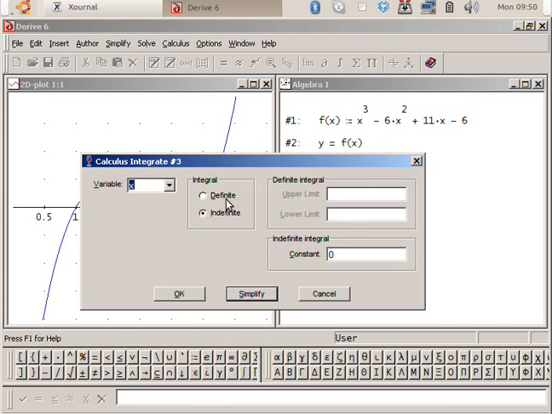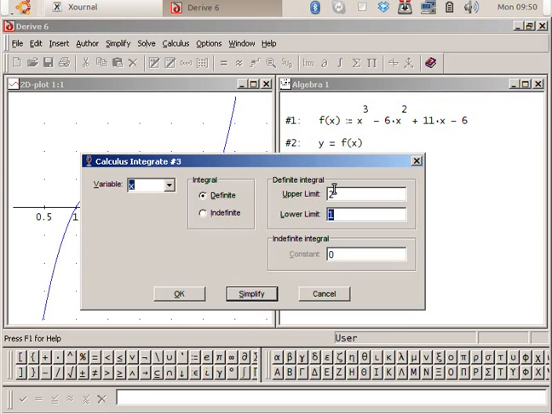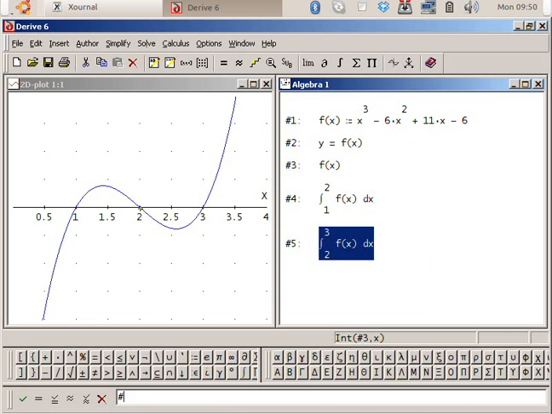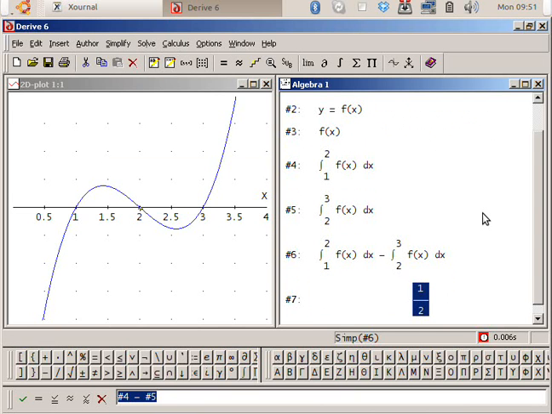That's just your regular 1 to 2 here. You can see there it is. But this one here, we have to fix it. We stick a minus in front. So, again, 2 to 3. And then I'll do line 4 minus line 5. And that's what you should all have in your copybook. Except, of course, instead of f(x), you have the cubic here. Then use your rules. And you should have gotten a half.